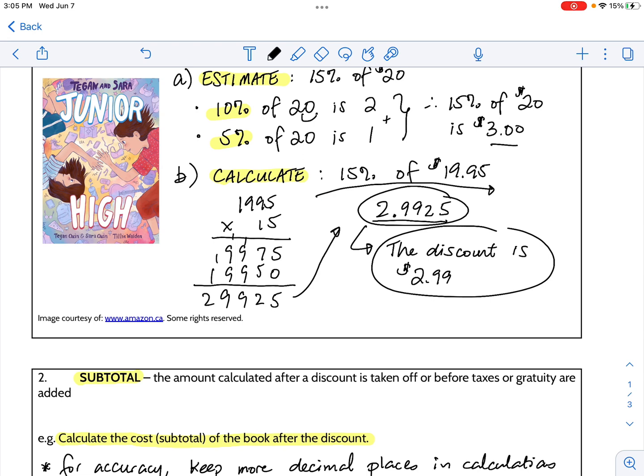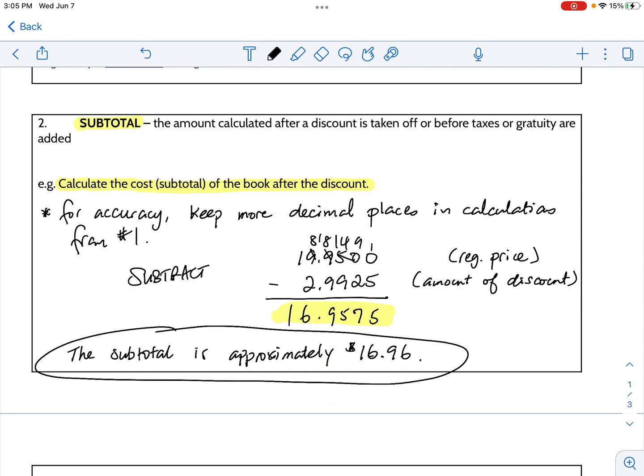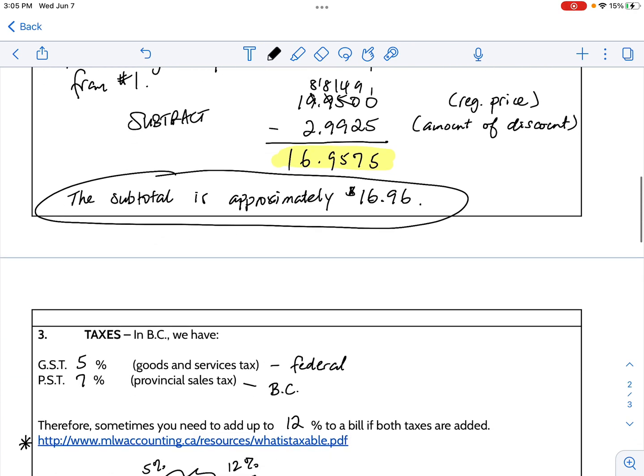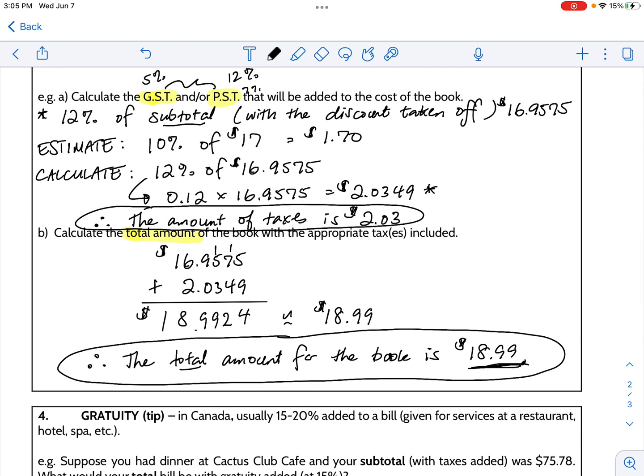What you're actually doing as your calculation is 0.15 times 19.95, but understand that I just multiplied it as whole numbers. I placed the decimal based on our estimate up there. And then you have your subtotal, where you're subtracting the discount from the regular price, and then you calculate the tax. Again, you do the tax on the subtotal with the discount taken off. And then once you have the tax amount, you add that to the subtotal, and then you have your final total.